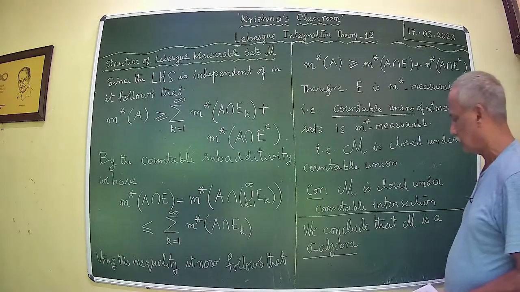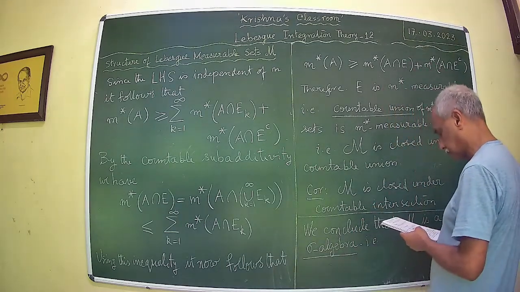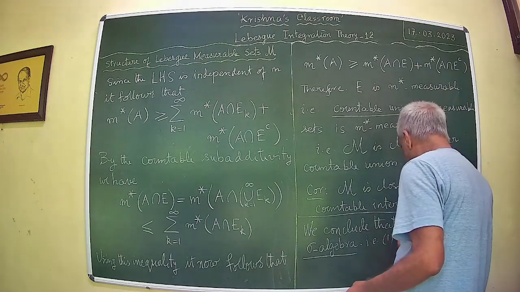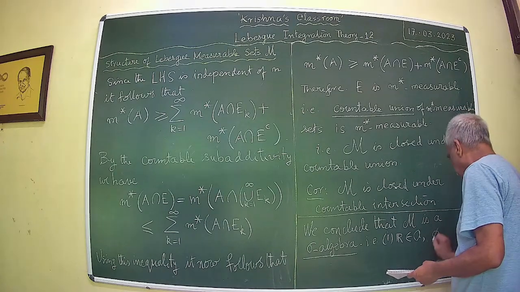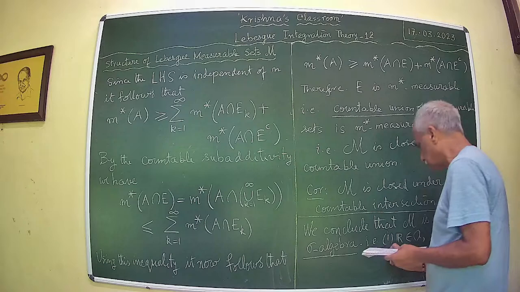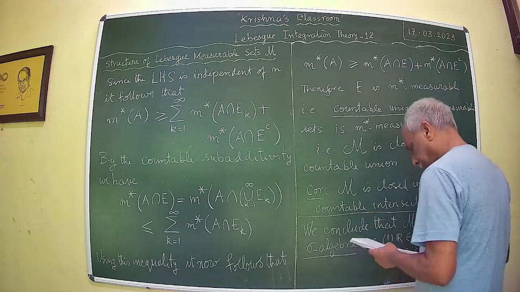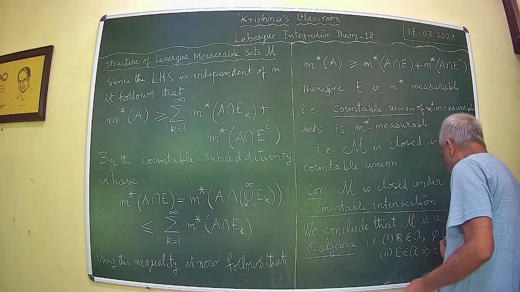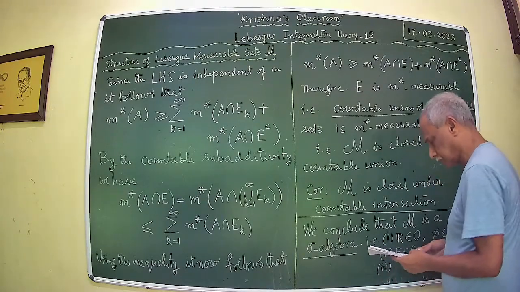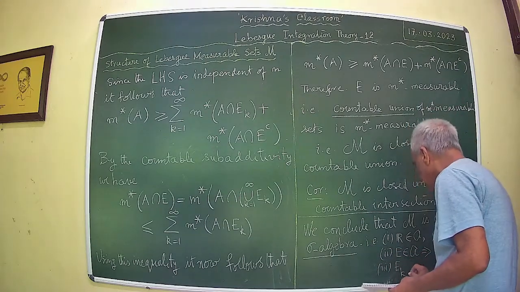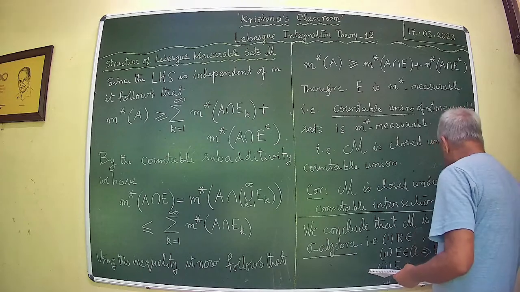It means that one, R belongs to script M, the empty set belongs to script M; two, E belongs to script M implies E complement belongs to script M; three, E_k for k belonging to natural numbers, I am using script M.